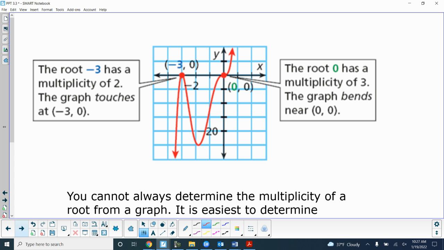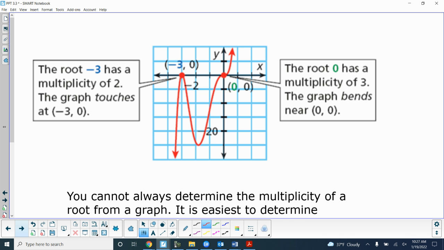That means it's going to work at least 3 times, and they say in the problem here it works 3 times. So the degree of this polynomial, this graph, is 5 because it works 3 times at 0, 0, and it works 2 times at -3, 0. Okay?